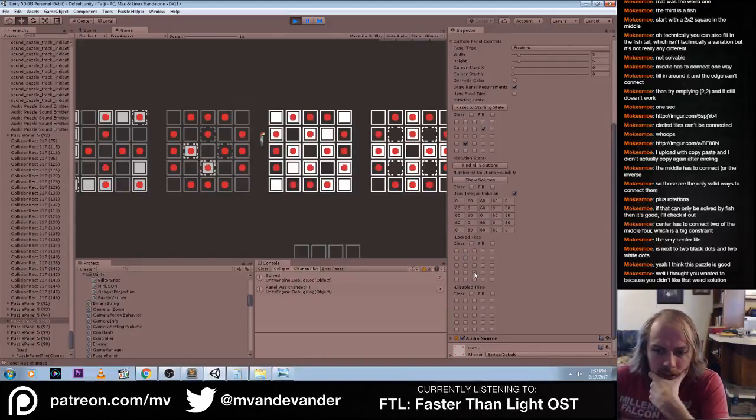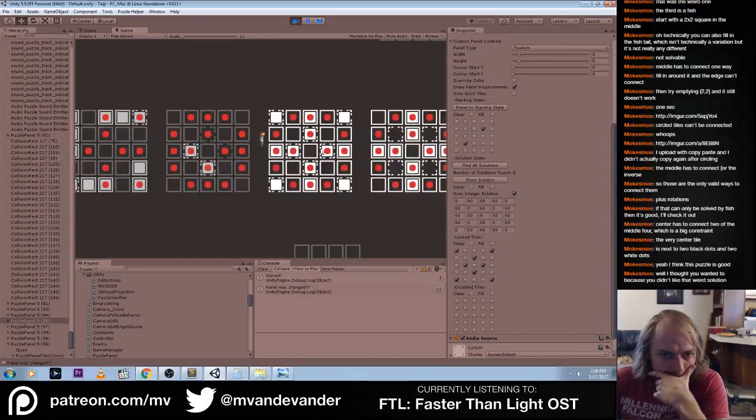I can't just lock these guys on, because then it can be solved other ways, like this way. If I lock the corners, the question would be, can it still be solved? Because I think it can still be solved this way, because those connect as well.